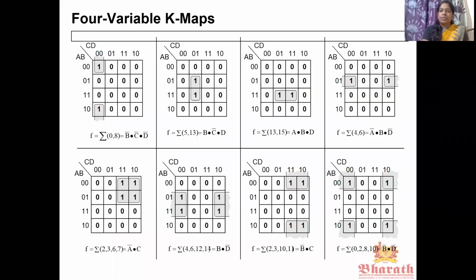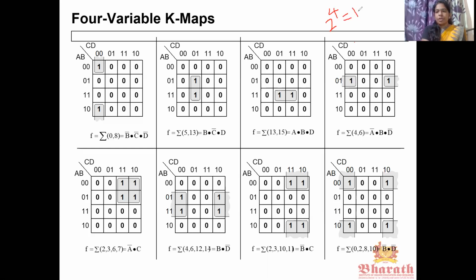Then moving on to the 4 variable K map. In the 4 variable K map, the same thing can be followed, but the number of cells is different. So in 4 variable means 2 power 4, 16.